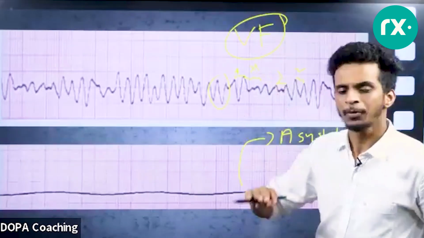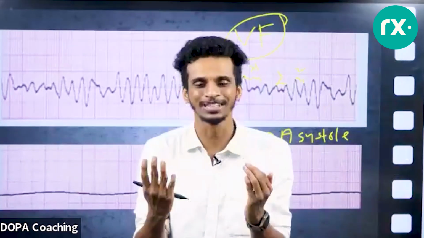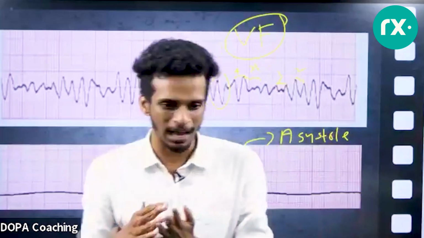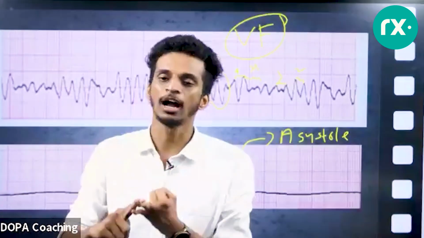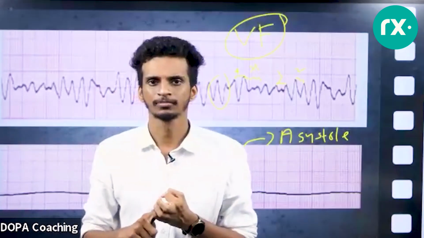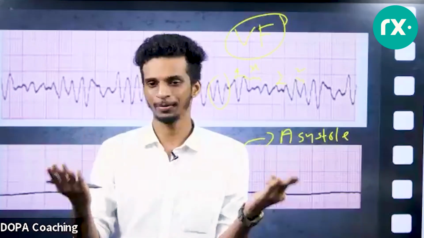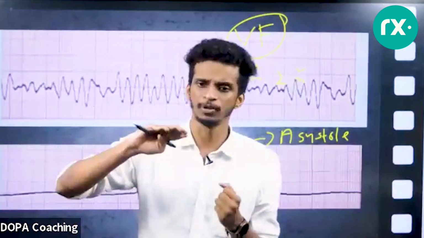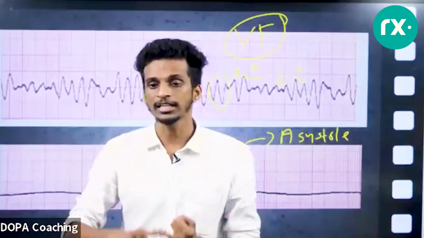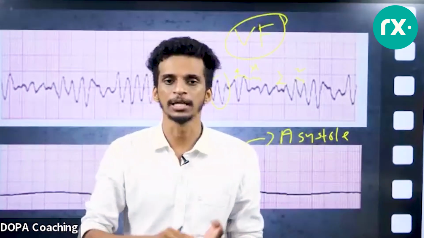I hope it's clear. Now, just for curiosity, many people may still have a doubt about the difference between a cardiac arrest, a heart attack, and a heart block. I hope many of you know the answer, but some may be confused. I'll explain.